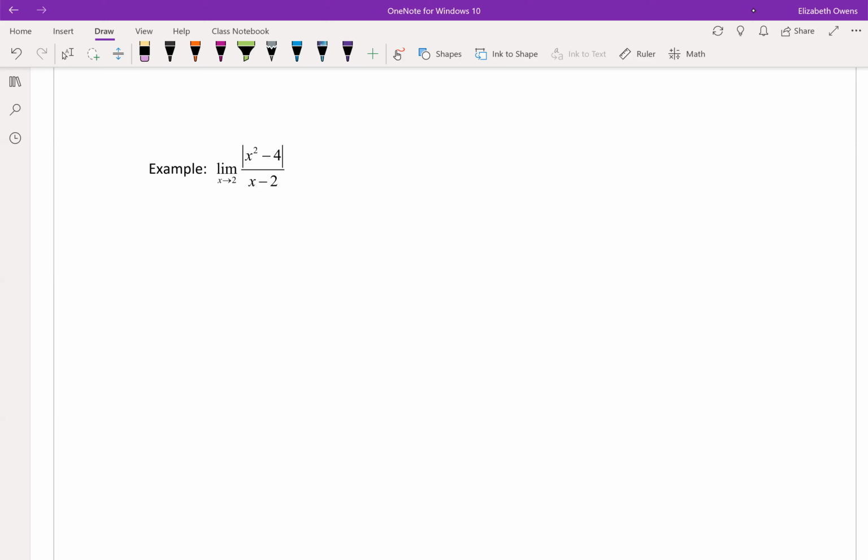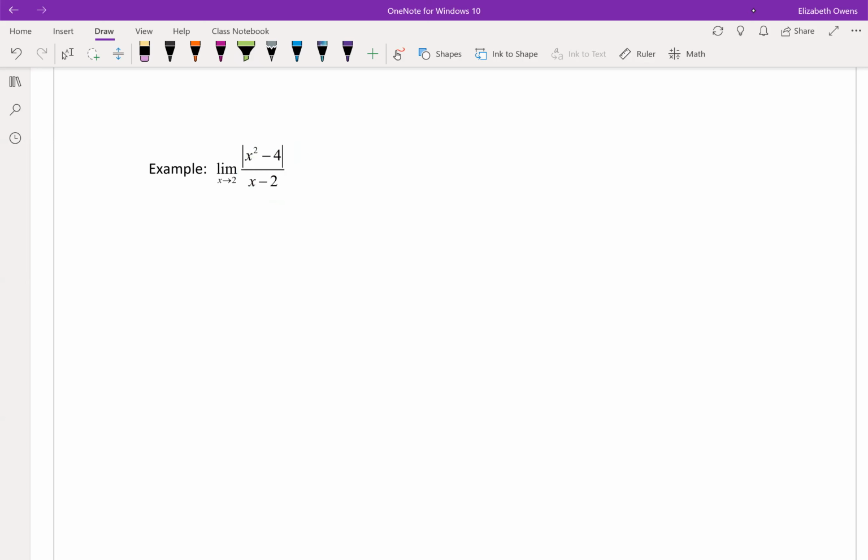Our other idea was multiplying by a conjugate. There isn't really a conjugate to use in this problem, so that's out. And then our fourth one was to use the sandwich theorem or squeeze theorem, which you might consider for this one, but it would be pretty tough to find two functions that would sandwich this particular thing here.